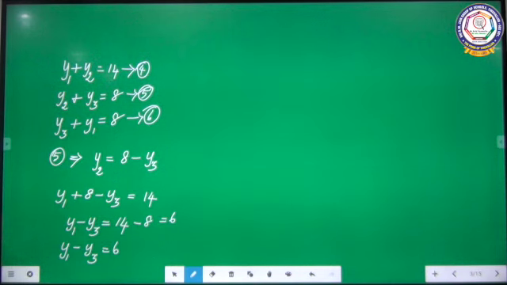Right. Now I am going to solve equation number 6 and the new equation.